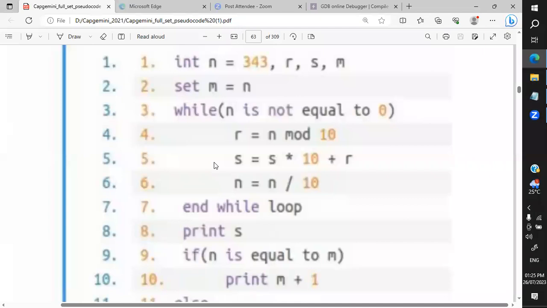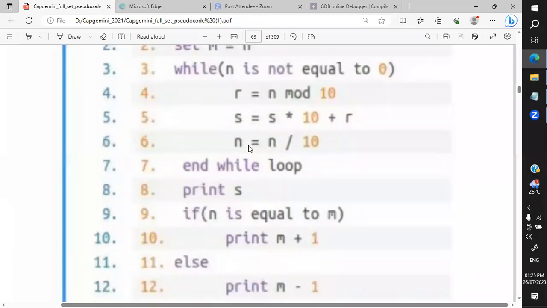Are you sure, everyone? Check carefully once again. If you want, I'll scroll down. If you say 342, I think the answer is either 342 or 344.